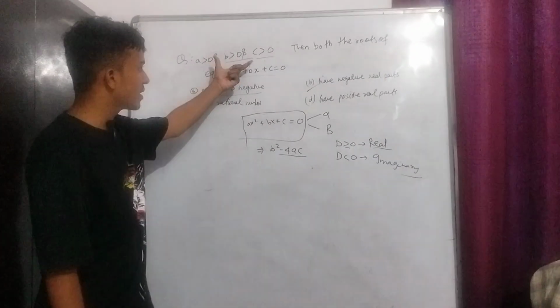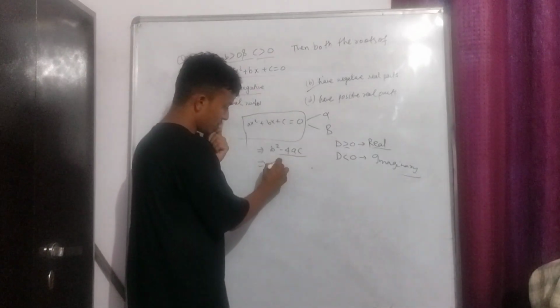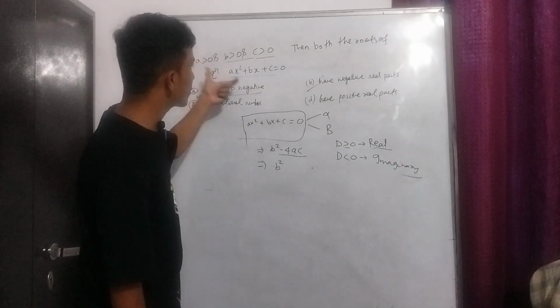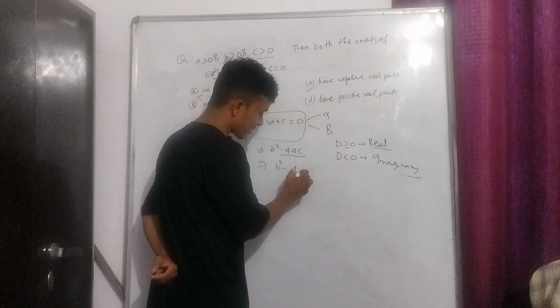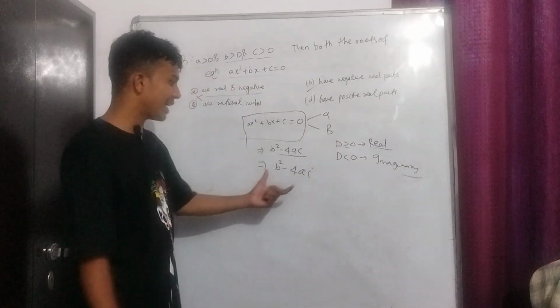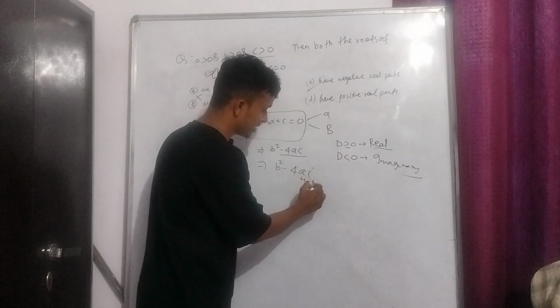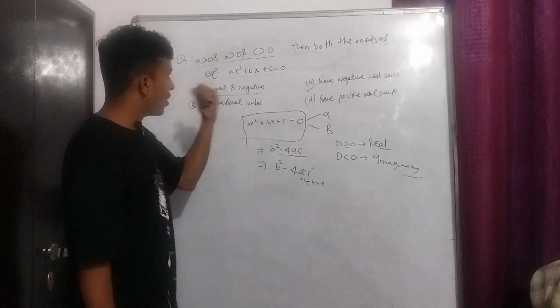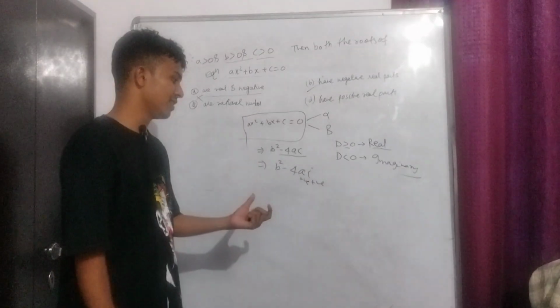So let's comment on this. We have been given b is greater than 0, so of course b square will be positive. And a is also greater than 0 and c is also greater than 0. So we can say one thing for very sure, that a into c will be positive. But we don't have much information about the magnitude of a and c.